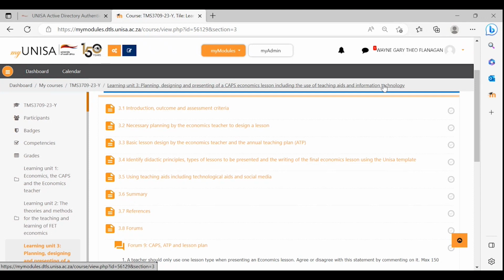Learning unit 3, you need to look at the ATP, because there is a question on your assessment on that and on the lesson plan, the actualization of existing knowledge. I conclude with that, and I wish you well.